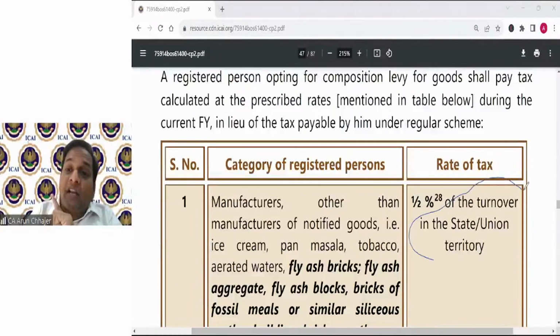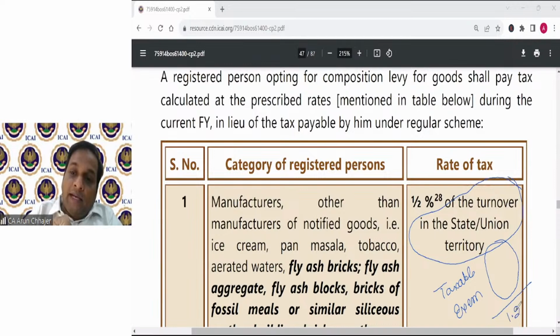If you are a manufacturer of goods or you are a restaurant and you are providing taxable supplies, you are also providing exempt supply, you will club the total and then pay 1%. It means if you are a manufacturer of the goods, you have to pay the tax on 1.20 crore. You have to pay the tax on 20 lakh also.